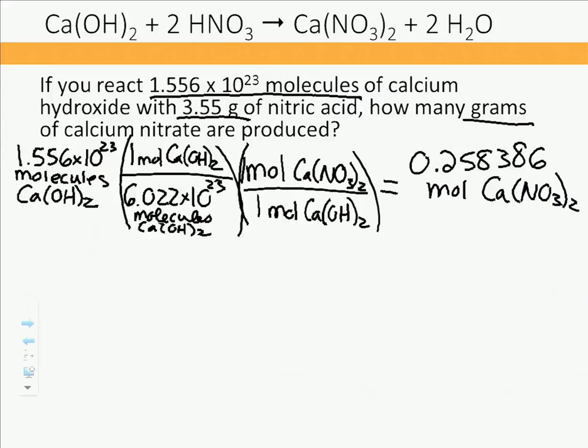Like I said, you could just finish that part out and go to grams if you wanted to, whichever you want to do. I want to go ahead and go back and do the other one next. 3.55 grams of HNO3.